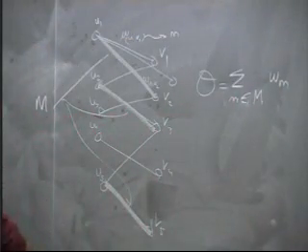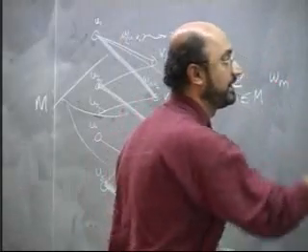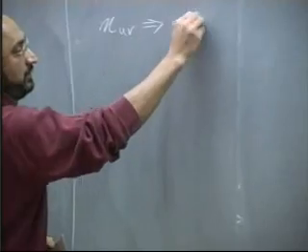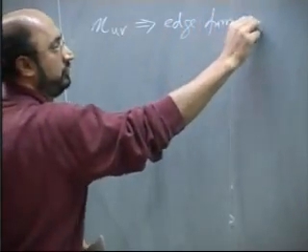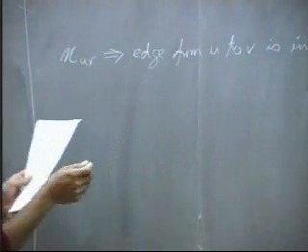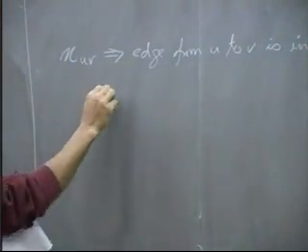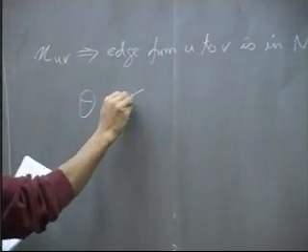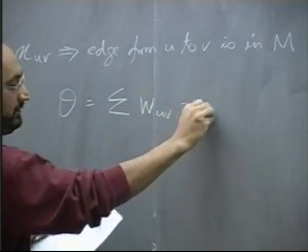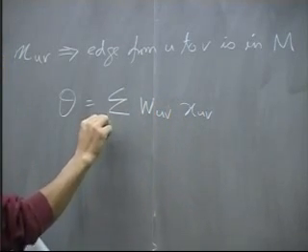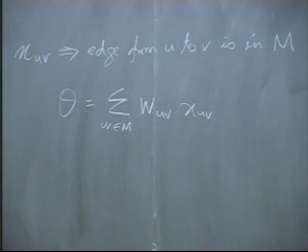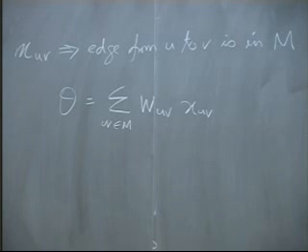Okay. So let me use the indicator variable x_uv, which implies the edge from u to v is in M. All right, and then what we'll say is that the objective function is just the sum of the weight of uv times x_uv over basically uv belonging to M. So it's a different way of representing this, doesn't really make any difference.